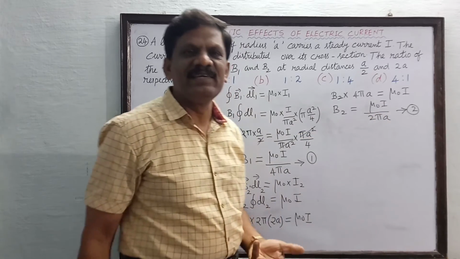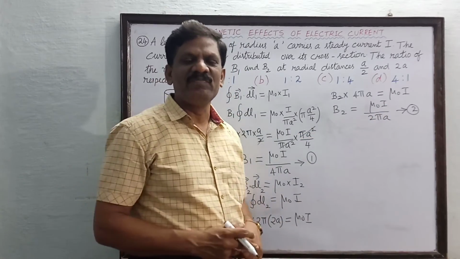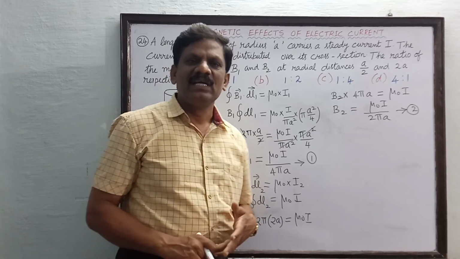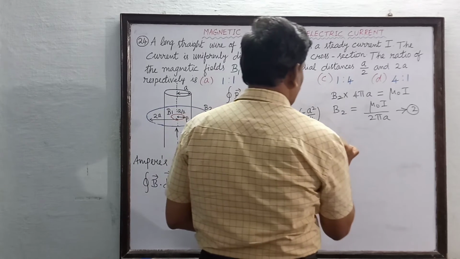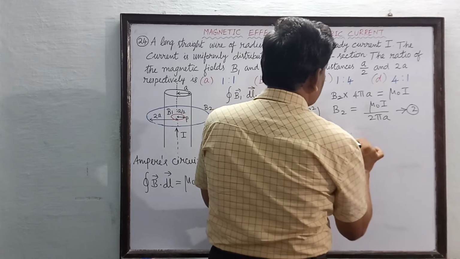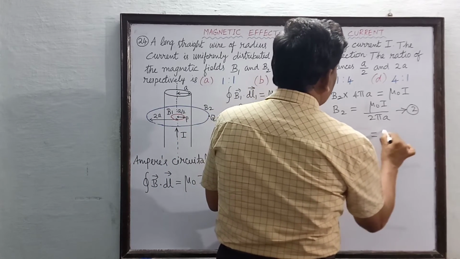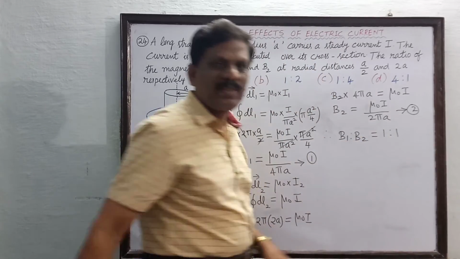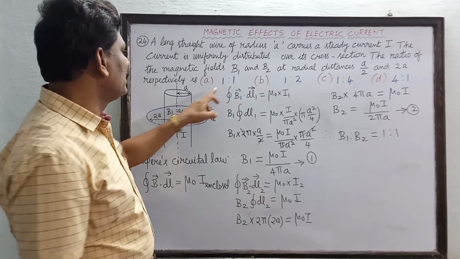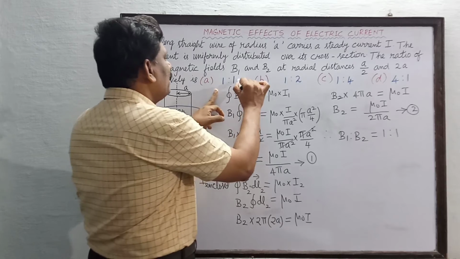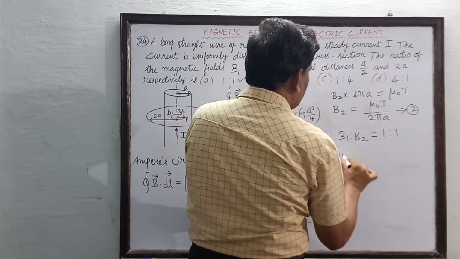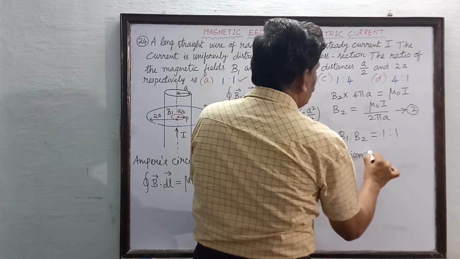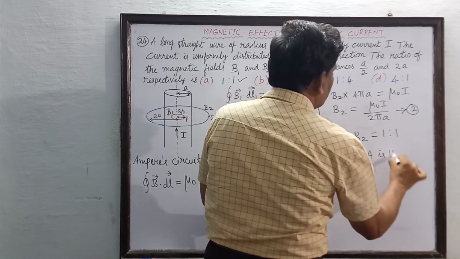Both are the same. So if B1 is equal to B2, then B1 is to B2 must be 1 is to 1. Therefore B1 is to B2 must be equal to 1 is to 1. So option A is the correct answer.